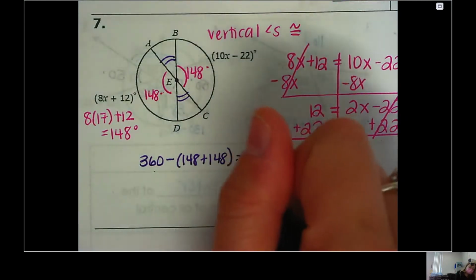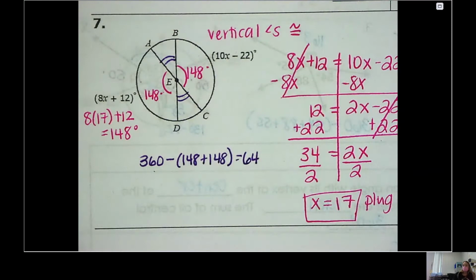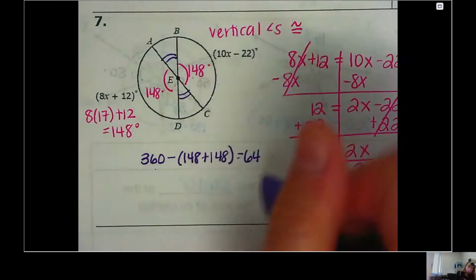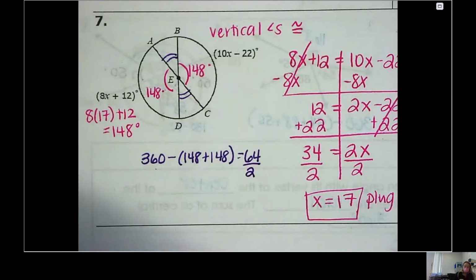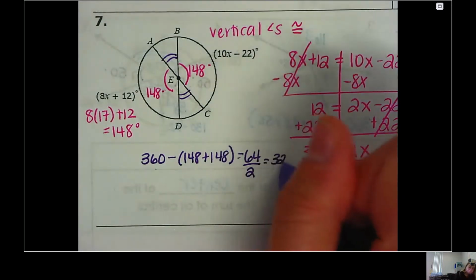Okay, so I get 64. Is that what you got? Did I mess that up? 360 minus 296 is 64. And then I have to take that number and divide by 2 because there's 2 angles that are left. So for each angle that's left over, it's 32 degrees.